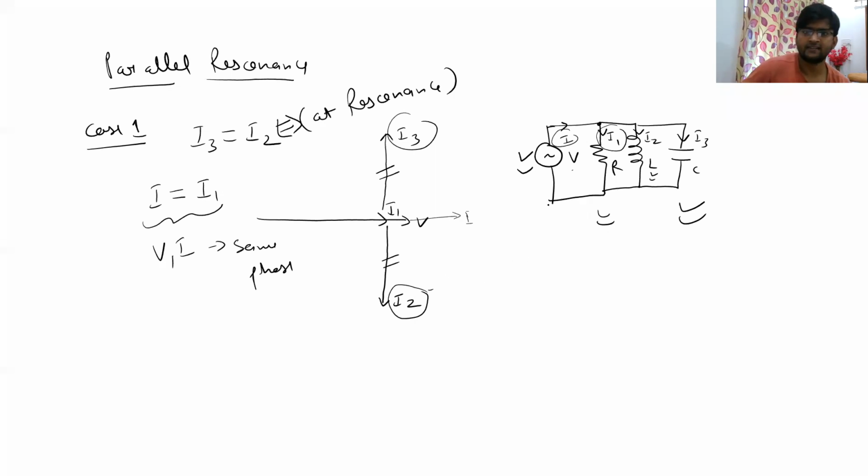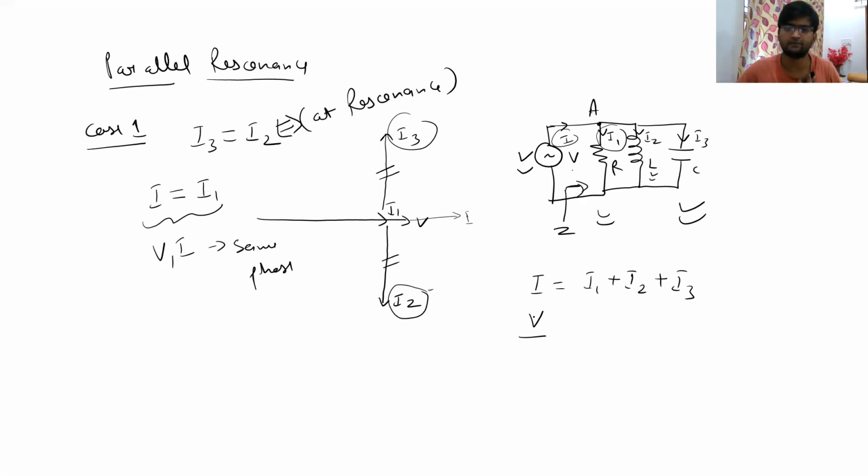Now, if you write the KCL equation at this point A, what you will find is I is equal to I1 plus I2 plus I3. And what is I? It is basically V divided by, let's say the whole impedance is Z. If we see from the source, the whole impedance of the circuit is, let's assume, Z. So you can write I as V by Z is equal to V upon R plus V upon XL plus V upon XC.